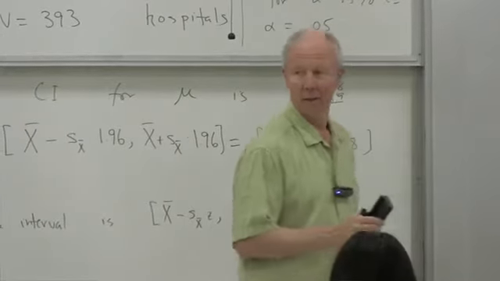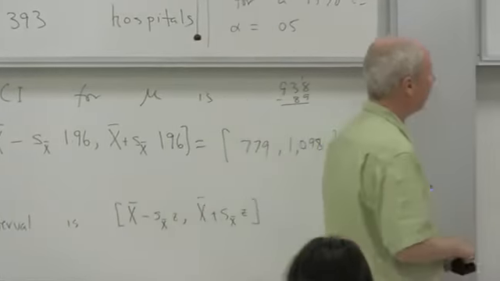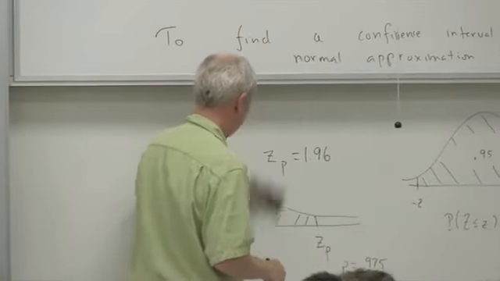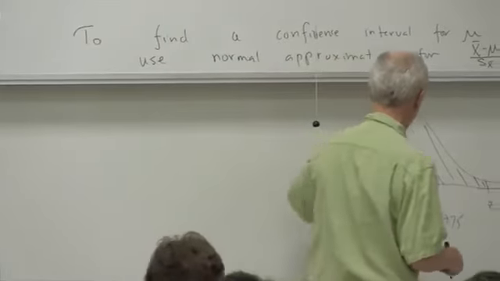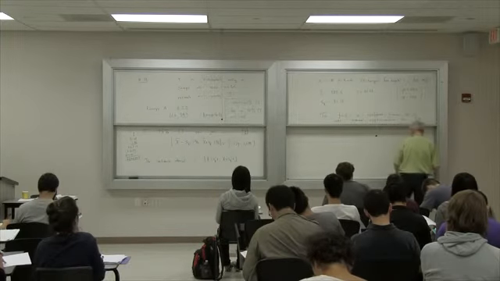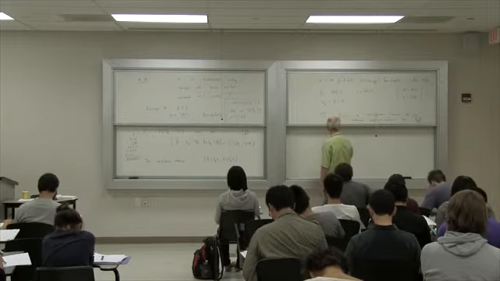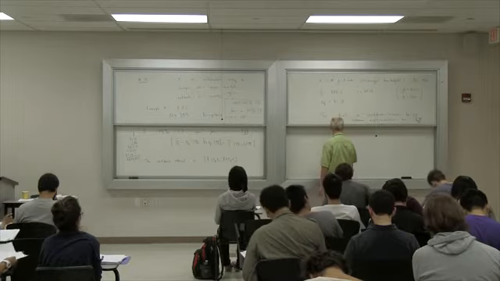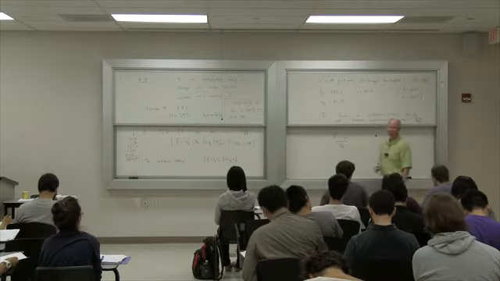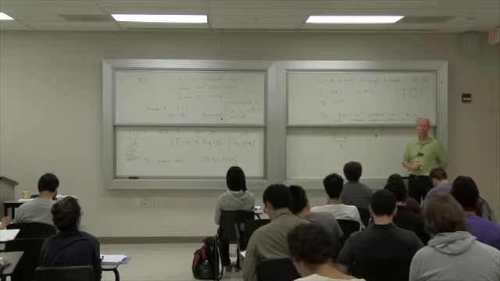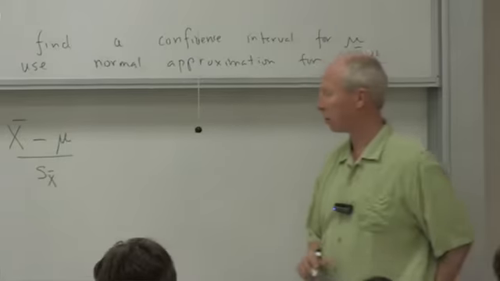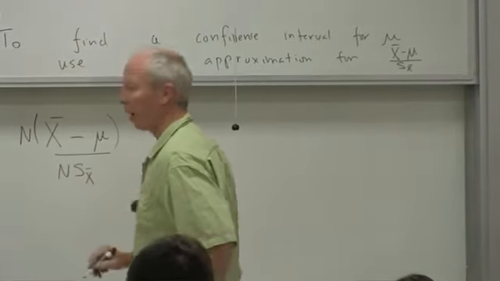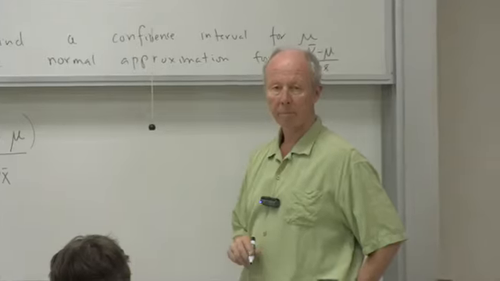Tau is T minus its expected value. We started with x bar minus mu over s x bar being about normal, right? What do we use to estimate tau? N x bar. So what if we multiply top and bottom here by n?